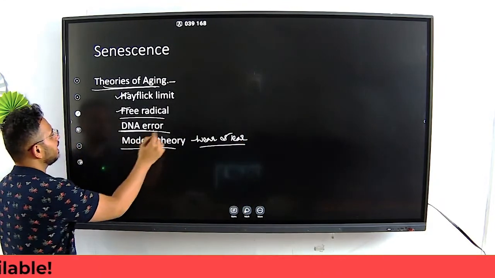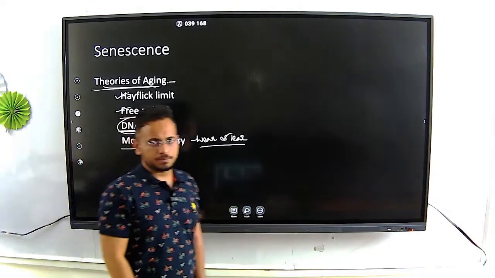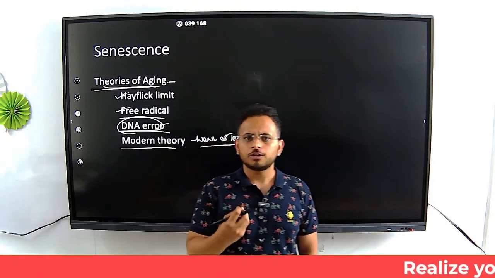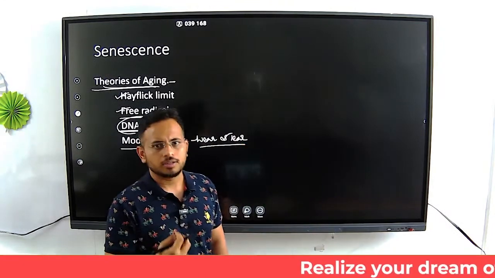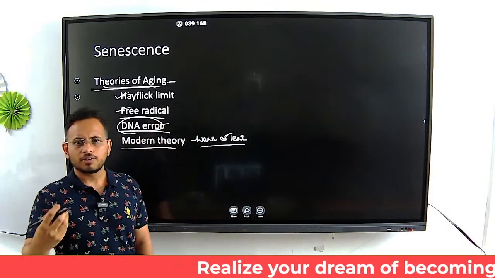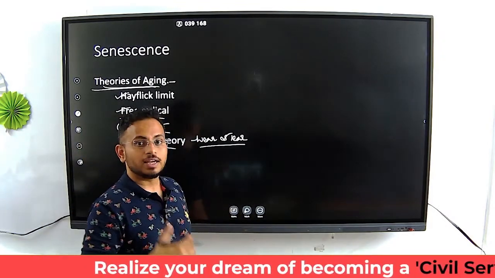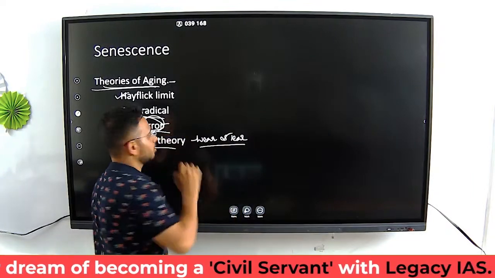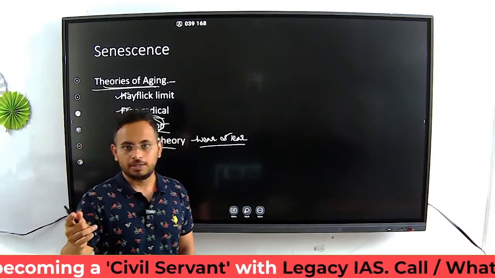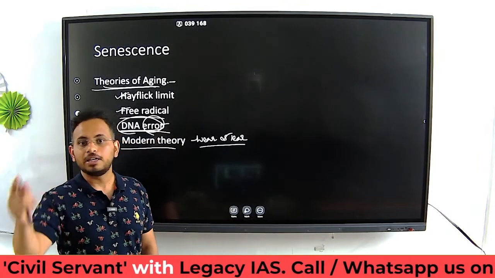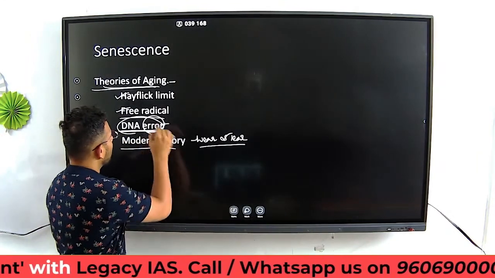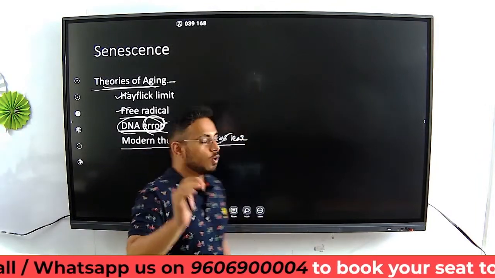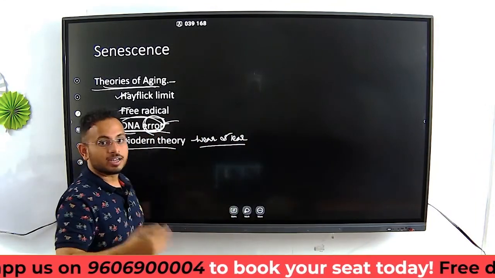What does DNA error talk about? We know that for every individual, we have 23 pairs of chromosomes and we inherit a lot of characteristics from our parents. In this process of inheritance, there would be some error when the DNA is getting copied. When the chromosomes are getting multiplied, you have some errors, and these errors are not rectified for many reasons.